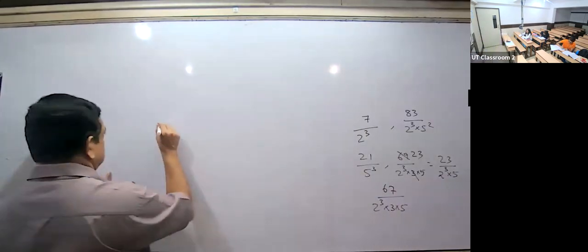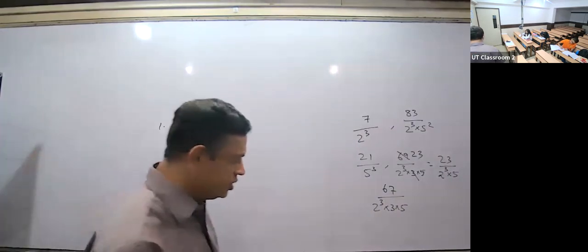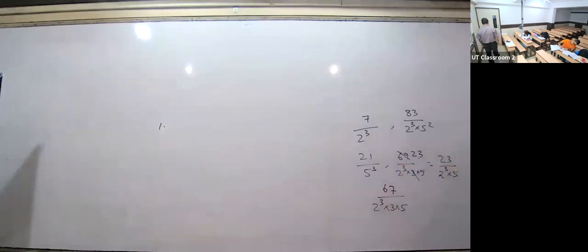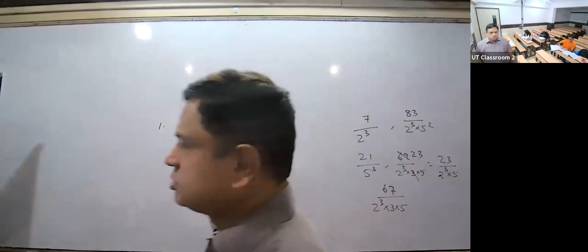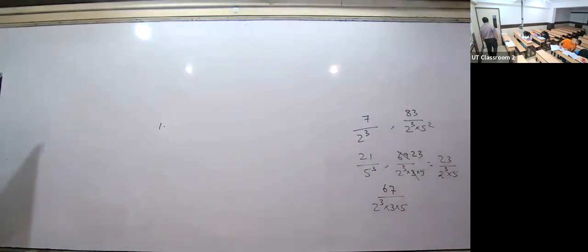One, if the denominator has factors of 2 or 5 only, then the rational number is a terminating decimal.